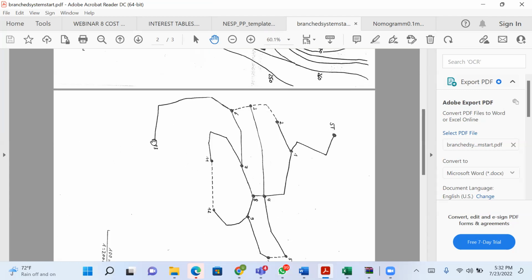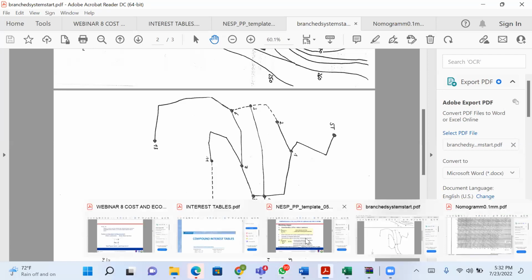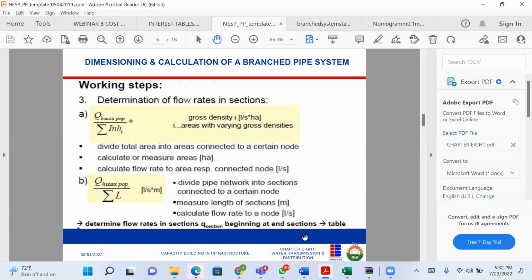Node 6, node 13. Because the third step is that we determine the flow rate in each section. There are different ways to determine the flow rate in each section. I can do it by catchment. I can say every 10 hectares. When I say 10 hectares, I'll say, okay, if the land use density says 300 per hectare, and the area I have is like 2 hectares, so that means I have 600 people.